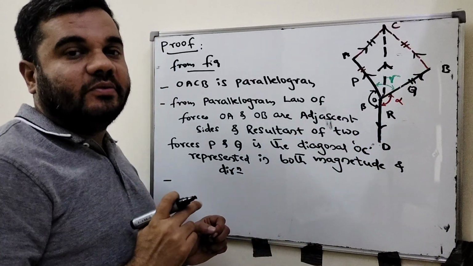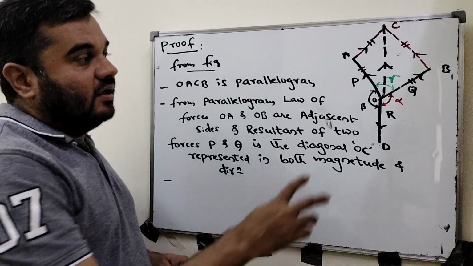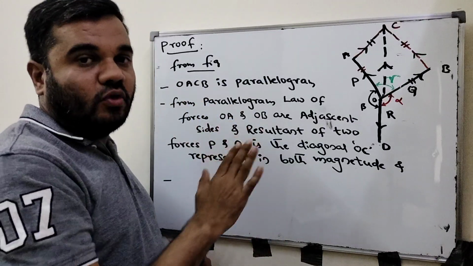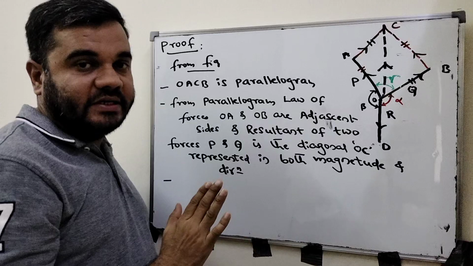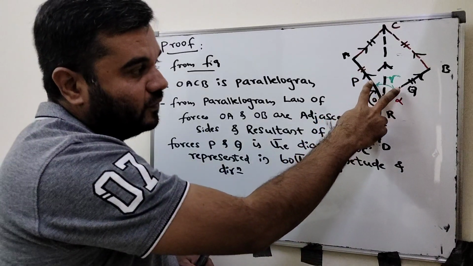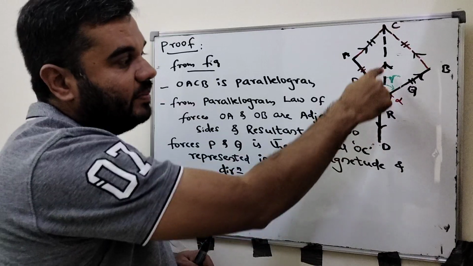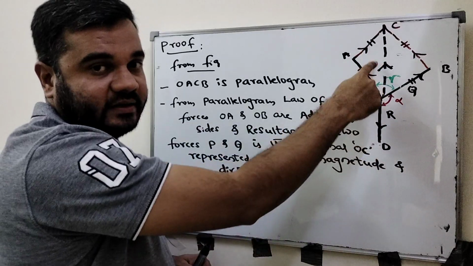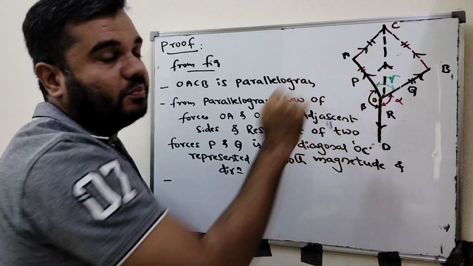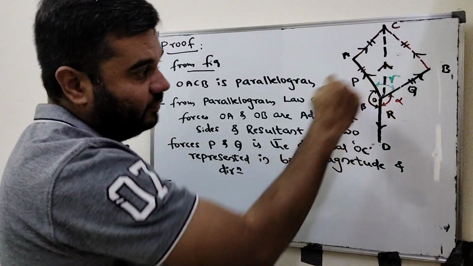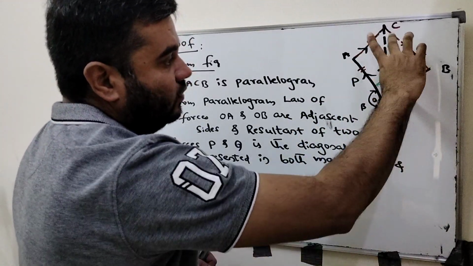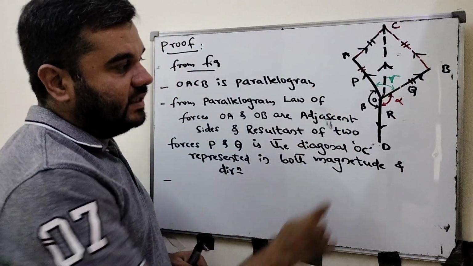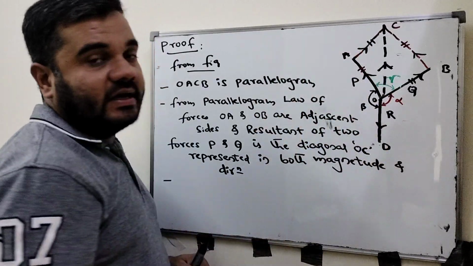It states that if three forces act at a point, are coplanar, and are in equilibrium, then the resultant of two forces will be collinear with the third force and in the opposite direction. From the figure we can see that OC is in line with OD, and in opposite direction. See here, OD is in downward direction and OC is in upward direction.